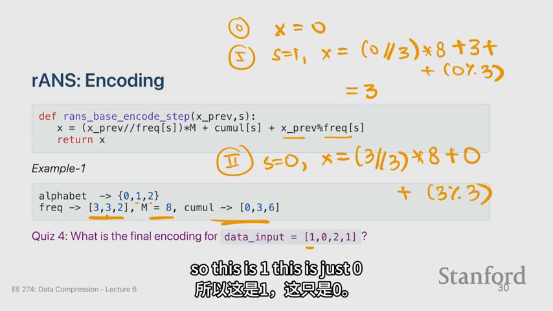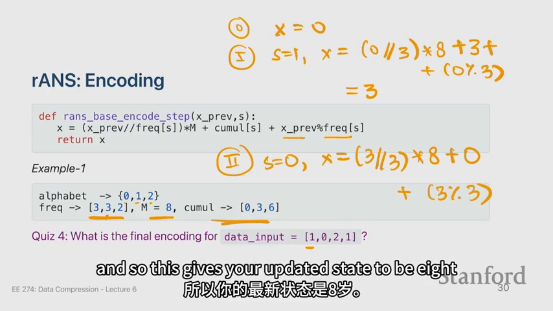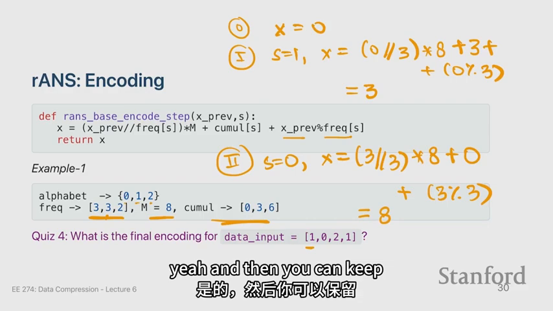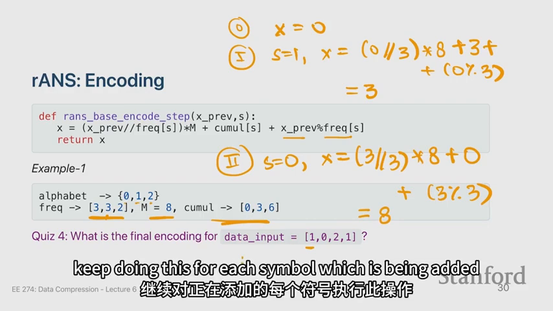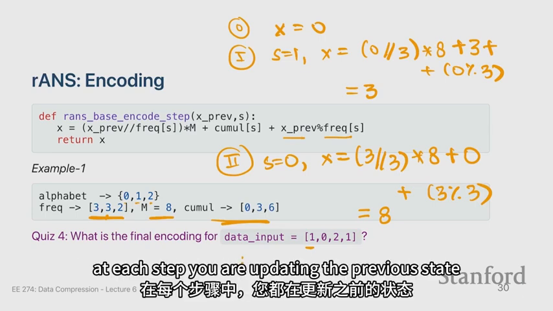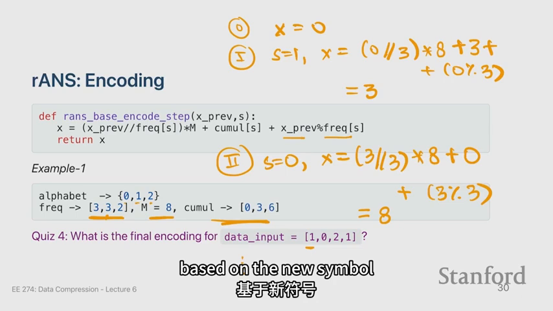So this is 8, and this gives your updated state to be 8. Then you can keep doing this for each symbol being added. At each step, you are updating the previous state based on the new symbol which is being received.